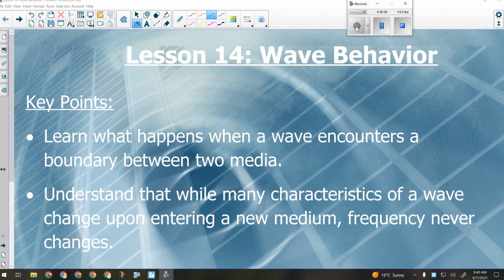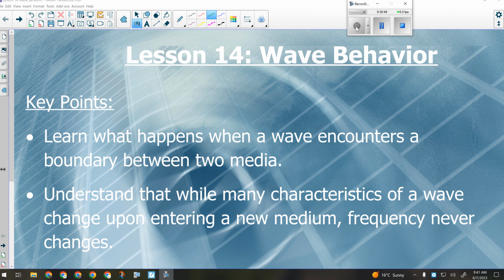What property of a wave can never change? Frequency. So if frequency can't change, the other two have to. Speed and wavelength and amplitude can be affected by crossing from one medium to another, which is a boundary.